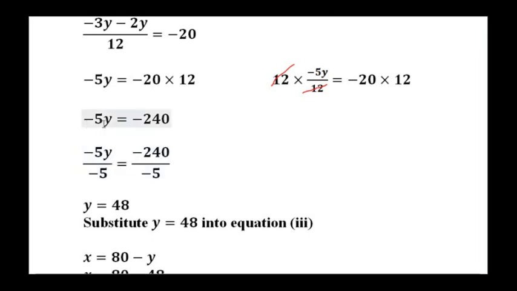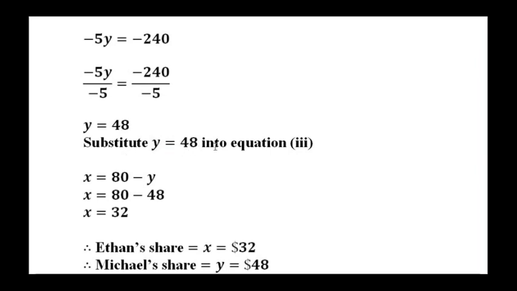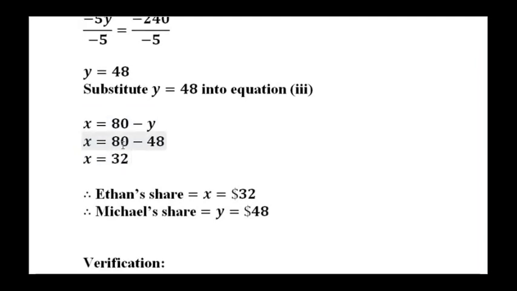Next step is to divide both sides of the equation by negative 5. We get y = 48. Now to find x, let's substitute y = 48 into equation 3. Equation 3, x = 80 - y becomes x = 80 - 48 = 32.